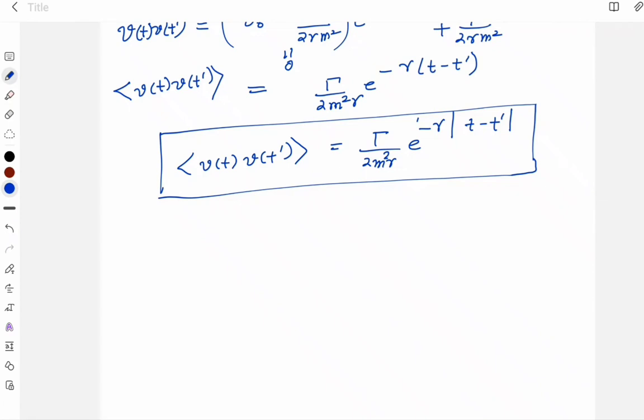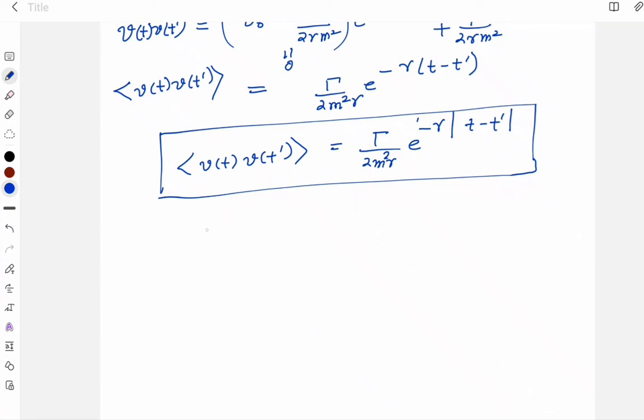Now what we see is that the velocity correlation decays exponentially with the mod of the two times t and t prime, and the decaying factor is coming from the drag.